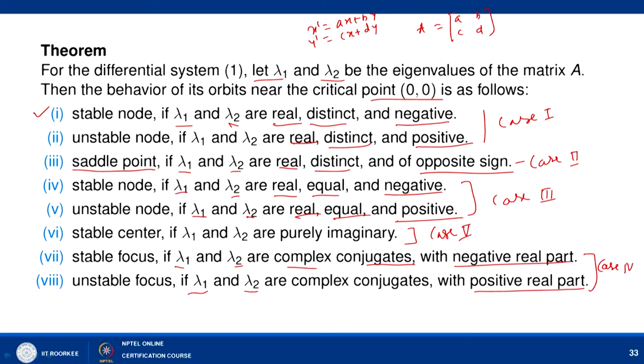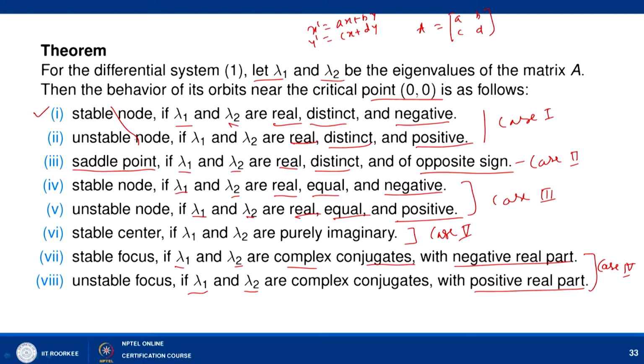Please, if you look at these results, stable and unstable depend on the real part. If the real part is negative, then it is stable; if the real part is positive, then it is unstable.